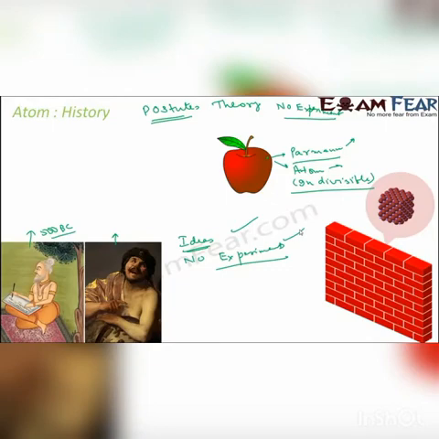We see more scientists because we have scientific data to prove a lot of stuff. Okay. So this is the history around 500 BCs. These two philosophers told that there is something called Parmanu or atom, which is indivisible. You take any matter and you keep dividing it, a point will come beyond which you'll not be able to divide that particle further. And that particle is, first thing, invisible and the second thing, indivisible. And that was called atom.